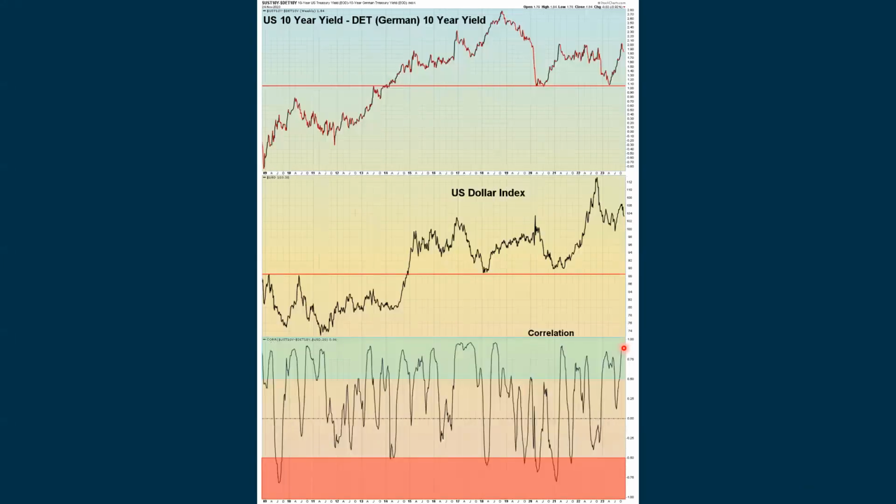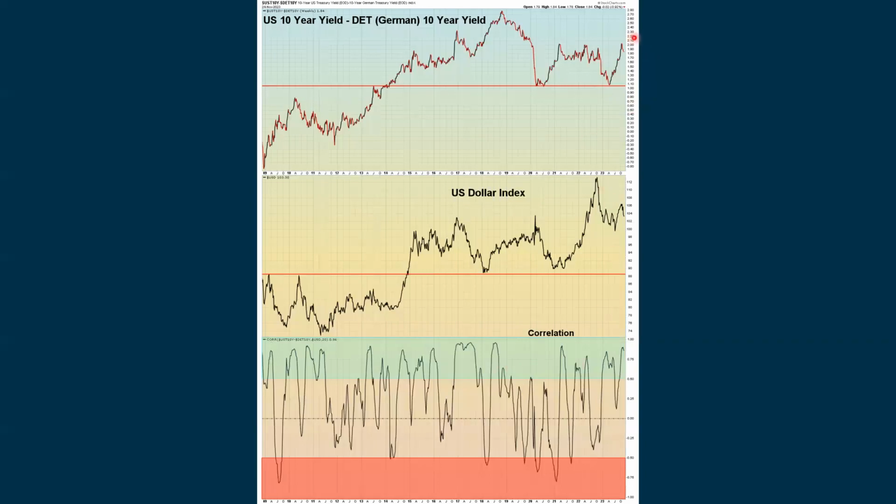Then we look at the U.S. 10-year treasury yield, and we subtract the German 10-year yield, and that gives us a line up here, and it's a positive answer for right now because we're above this midpoint. And then what's interesting about this is we can look at the US dollar index and see that there's a pretty strong correlated relationship between the two.